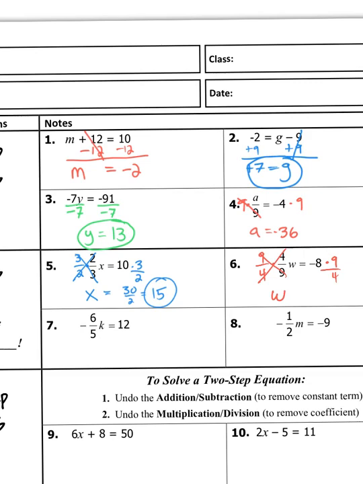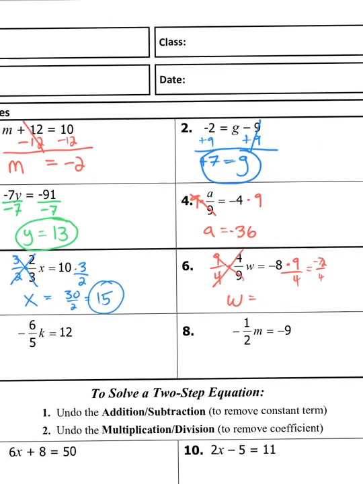I'm left with w. Negative 8 times 9 is the same as negative 72 divided by 4. Negative 72 divided by 4 ends up being 18.